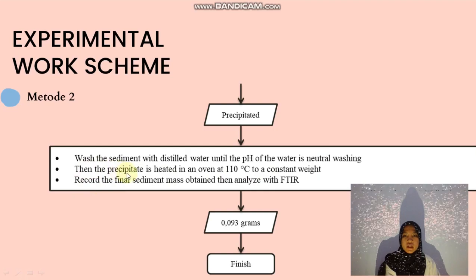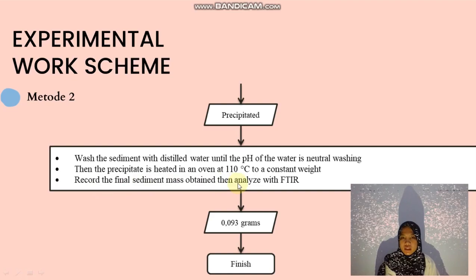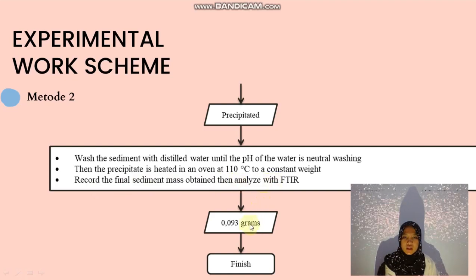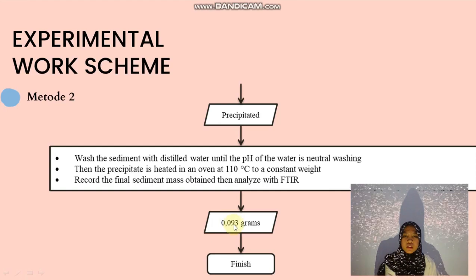Then the precipitate is heated in an oven at 110 degrees Celsius to a constant weight. Record the final sediment mass obtained and analyze with FTIR. The result is 0.93 grams.